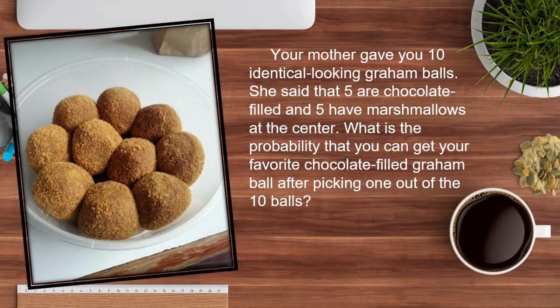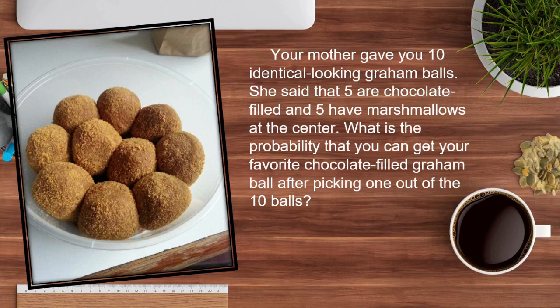Okay. So first of all, let us consider this scenario. Your mother gave you 10 identical looking gram balls. She said that 5 are chocolate filled and 5 have marshmallows at the center. What is the probability that you can get your favorite chocolate-filled gram ball after picking one out of the 10 balls?